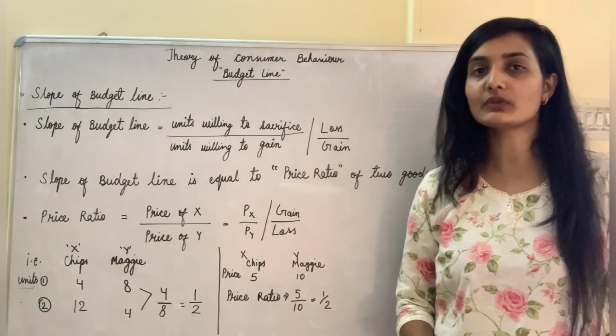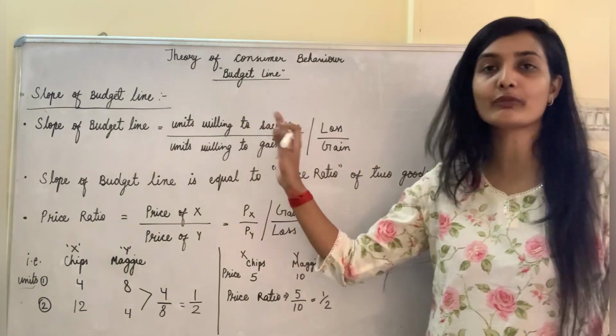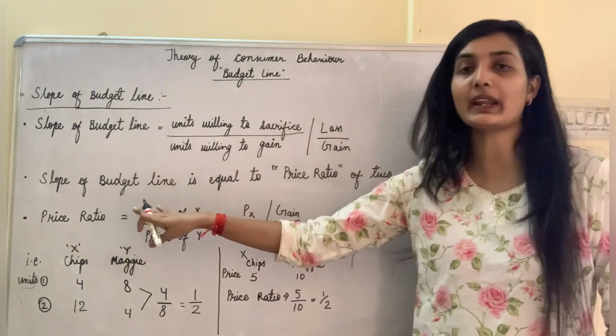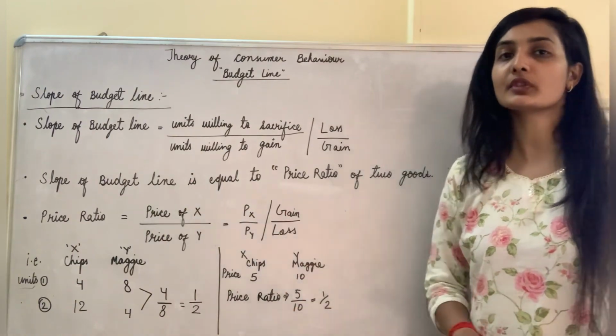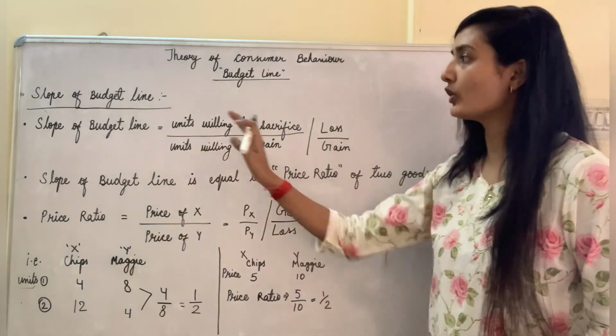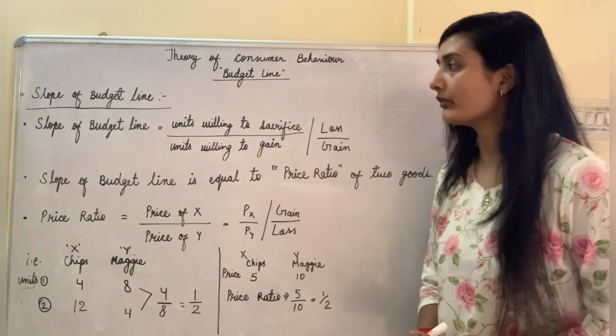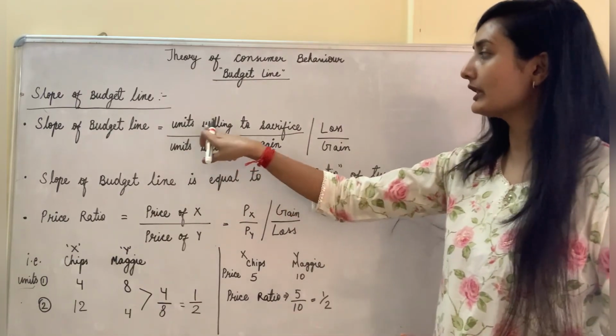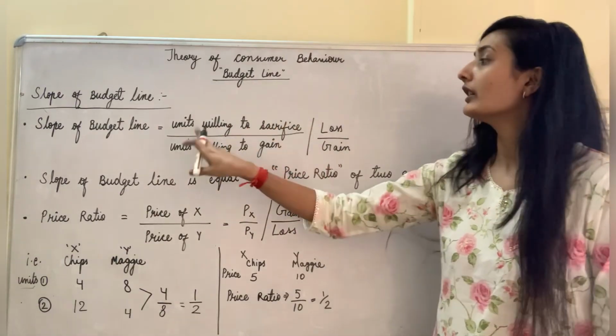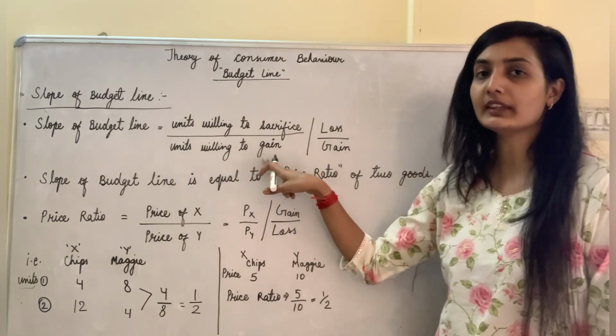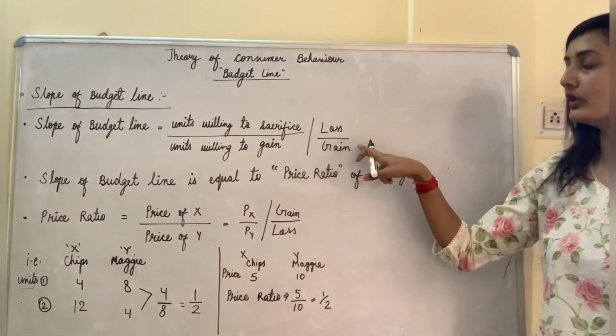Today we are going to understand what is the slope of budget line and what is the price ratio of budget line. So here we are going to start with the slope of budget line. Slope of budget line is equal to units willing to sacrifice upon units willing to gain, or in easy terms, loss by gain.